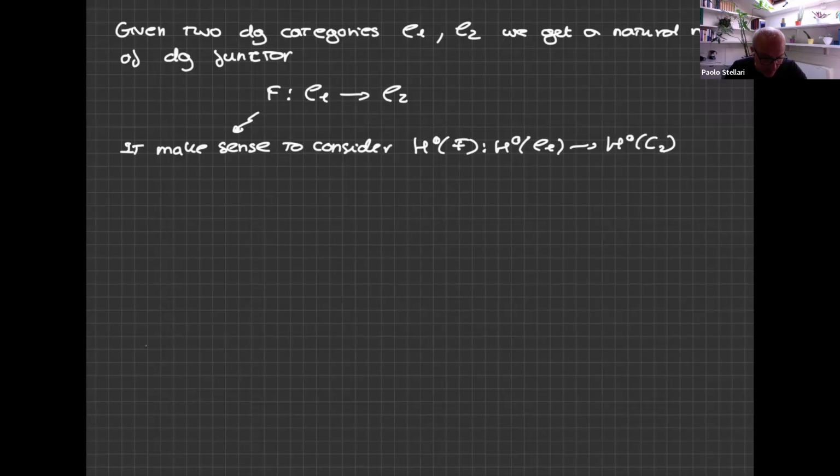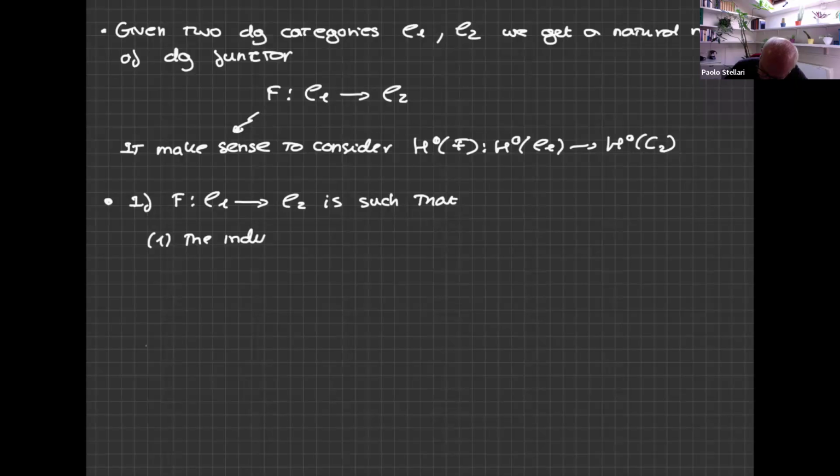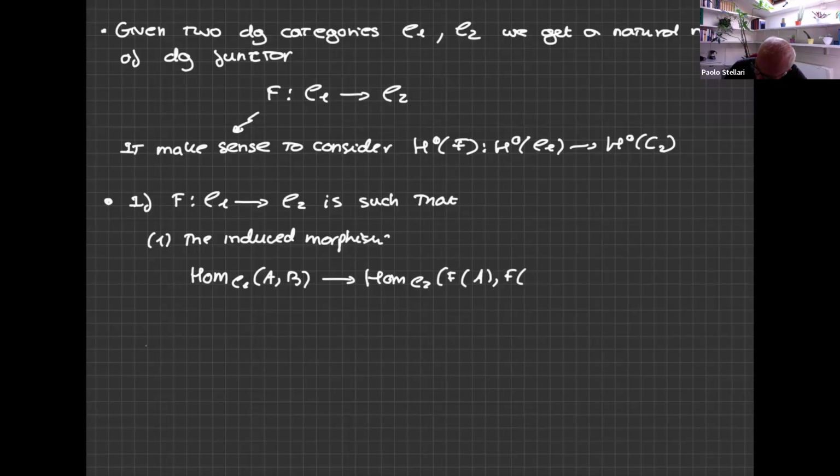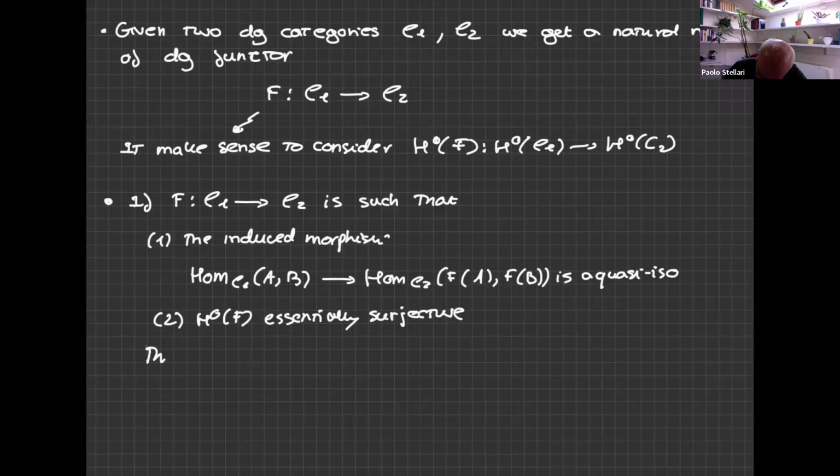Right, and of course, if F from C1 to C2 is such that, first of all, the induced morphism from Hom_C1(A, B) to Hom_C2(F(A), F(B)) is a quasi-isomorphism of complexes, and H0 of F is essentially surjective, then we say that F is a quasi-equivalence.